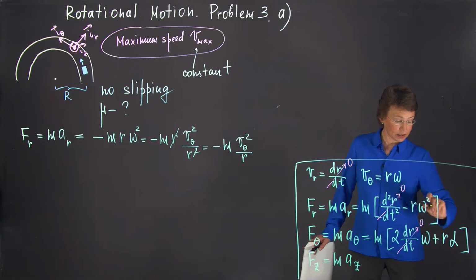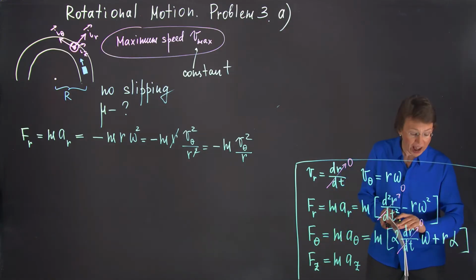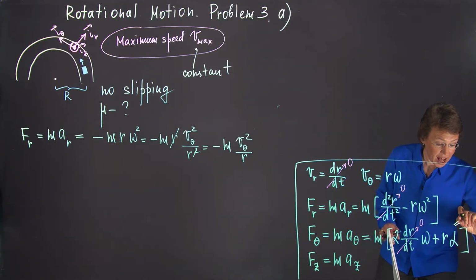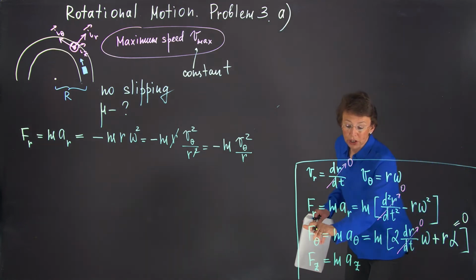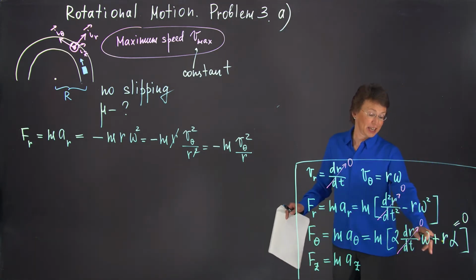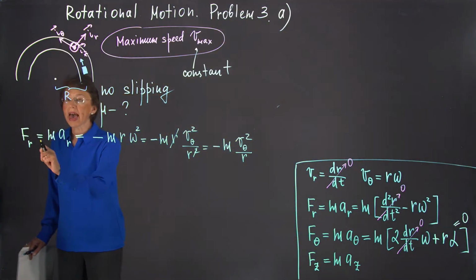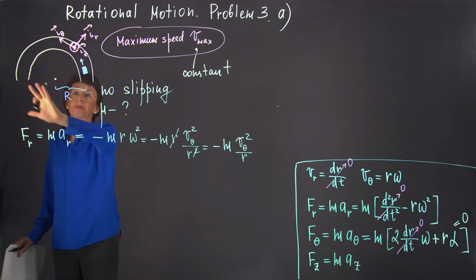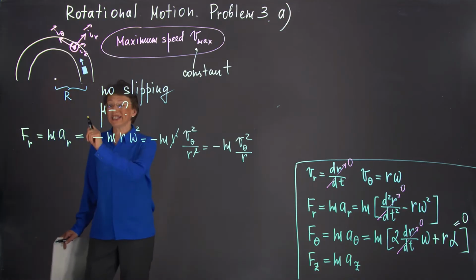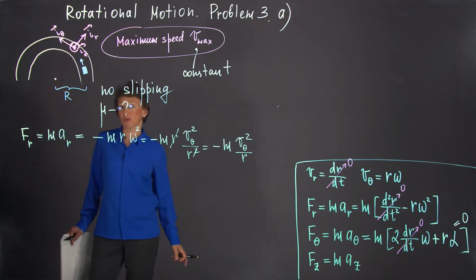Omega is constant, which means that alpha is 0, which makes F theta equal to 0. Both terms are 0. All we have in the plane of the board is the radial component of force.